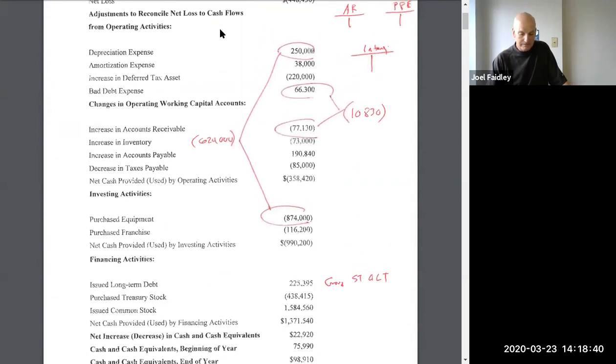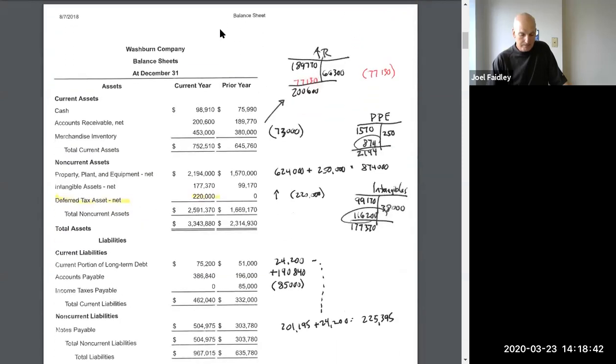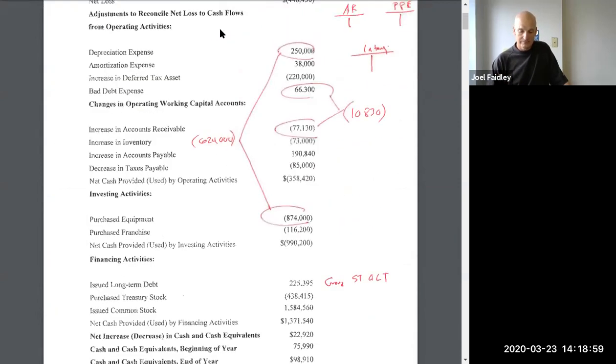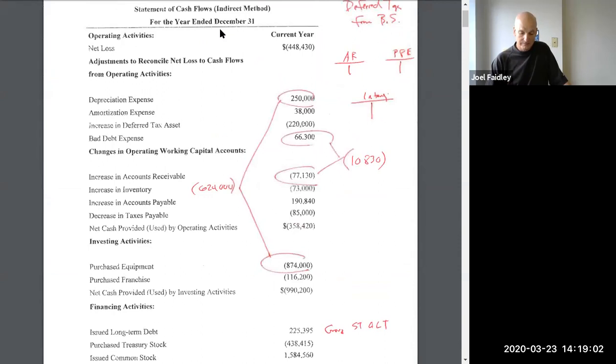All right, what about accounts payable? Accounts payable went from $196 up to $386,840. So that's an increase of $190,840. If your liability went up, that's a positive, right? You're not paying your bills, are you? Which means you're holding on to cash.